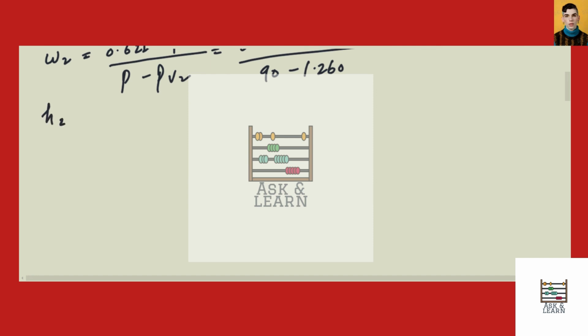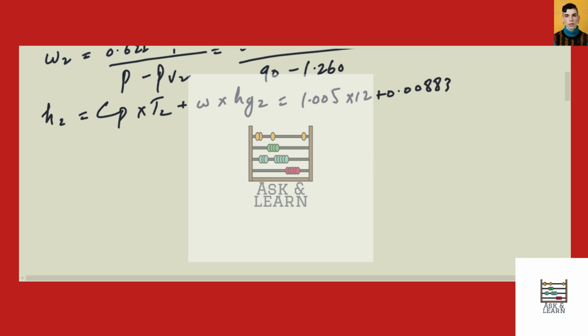Then we've got the value of H2 is equal to Cp into T2 plus W into Hg2, that is equal to 1.005 multiplied by 12 plus 0.00883 multiplied by 2520, and that is equal to 34.31 kilojoules per kg.